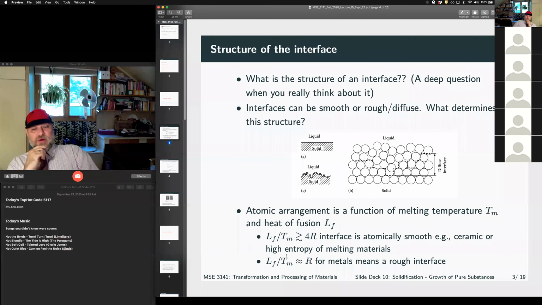So another way of saying that is if this ratio is greater than about 4R, we're going to have a smooth solid liquid interface. If it's lower, like for metals, where this ratio is about equal to R, it means we're going to have a rough interface.